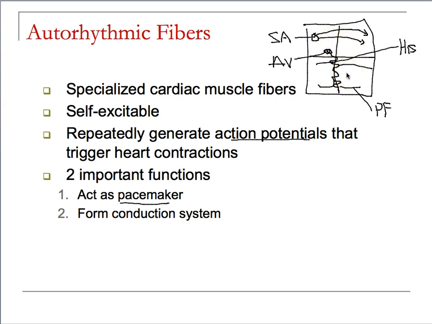Okay? While that's happening, that charge finds its way to the AV node here. It then causes a charge to pass through that fibrous skeleton, allowing the bundle of His to transmit information through the interventricular septum.